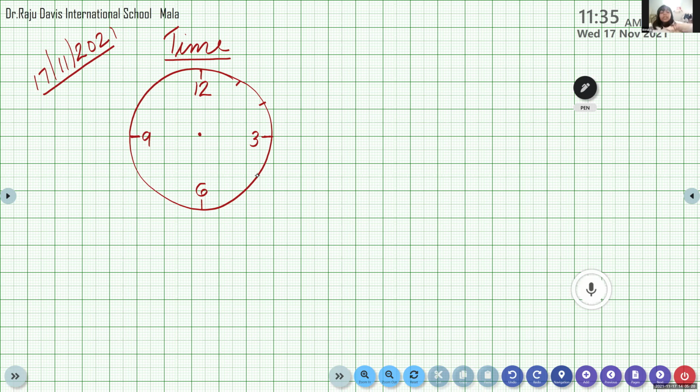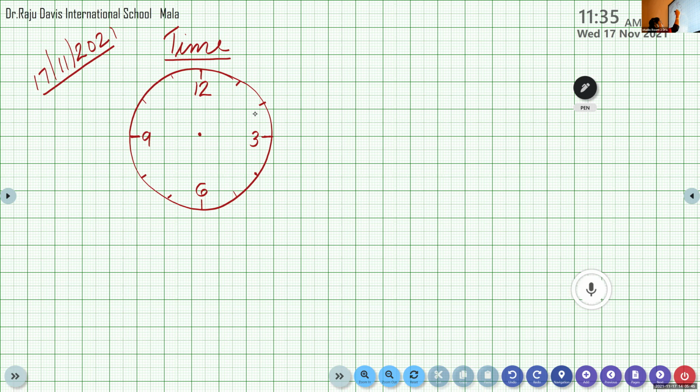We have to draw the circle from the bangle. Then 6 and 9's middle. Like this. Draw one small line.